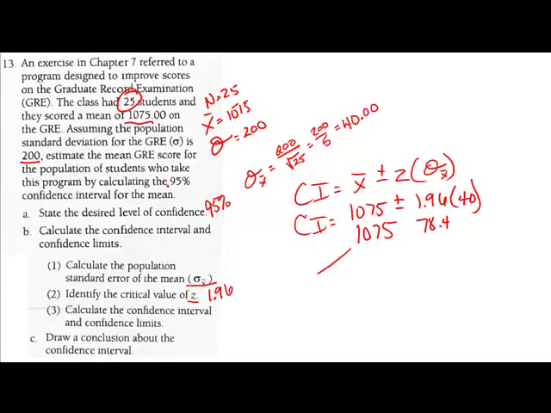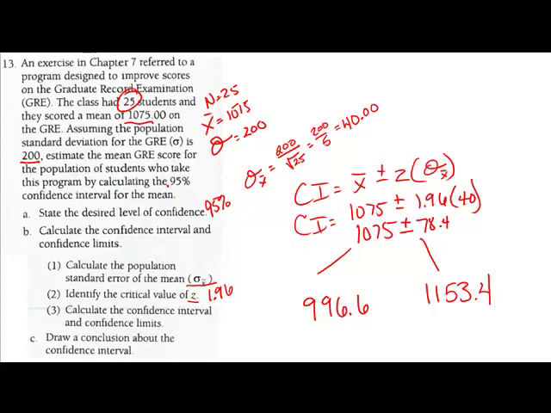So the lower range is going to be 1075 minus 78.4, because it's a plus and a minus. That's 996.6, and 1075 plus 78.4 is 1153.4.